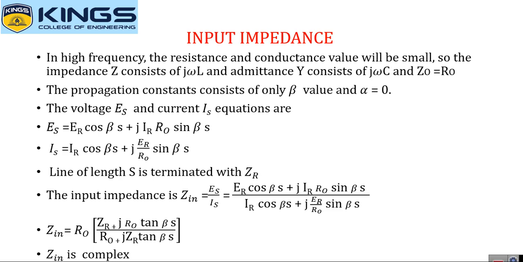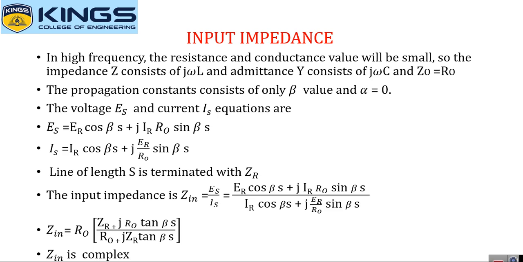The general solution of the transmission line gives the voltage ES and current IS equations: ES equals ER cos beta S plus j IR R0 sin beta S, and IS equals IR cos beta S plus j ER by R0 sin beta S. These two equations are derived from the general solution of the transmission line when applying the j beta value. The length of the line is S, terminated with ZR.